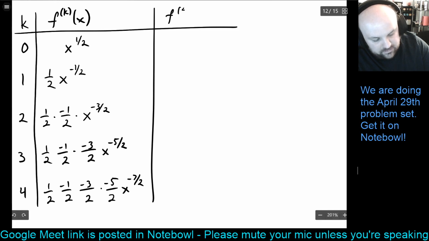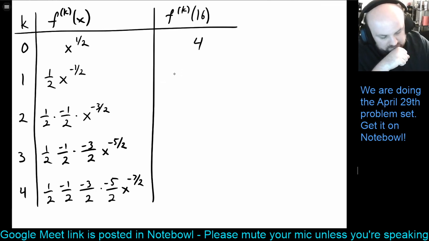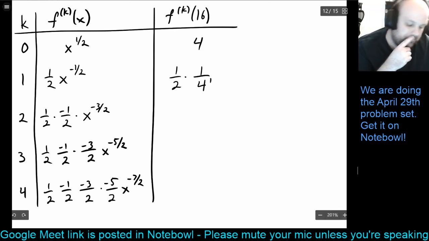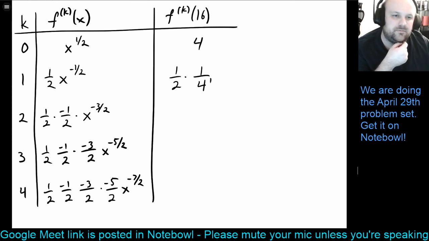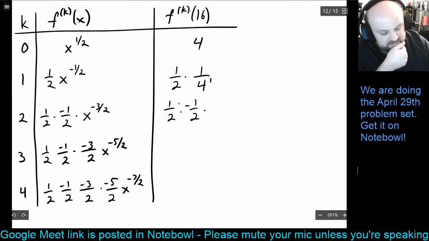So if we plug in 16 here, we're going to get 4. I'm not going to simplify this stuff. So this is going to be 1/2 times 1/4 to the 1. And there's a reason I don't want to simplify this to 1/8. If we look at how the pattern's going to go, we're going to get 1/2 times minus 1/2 times 1/4 cubed.